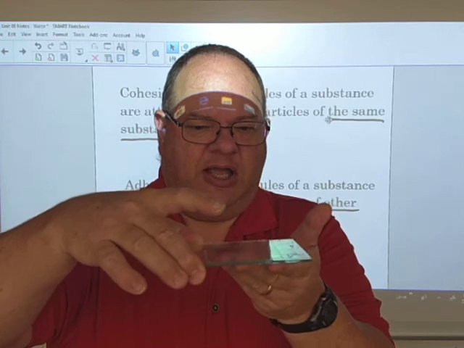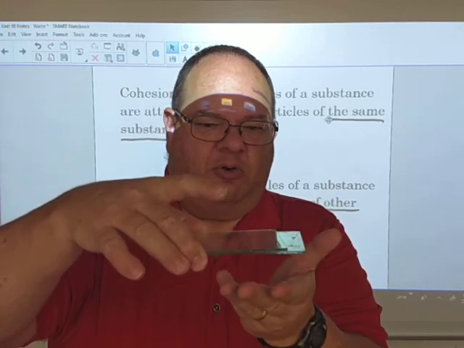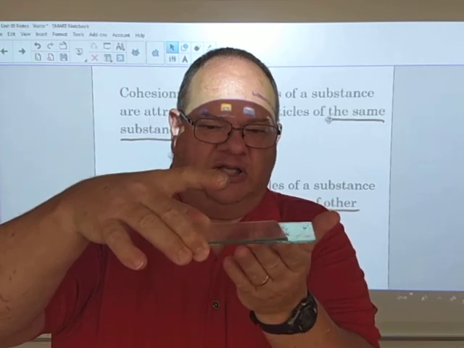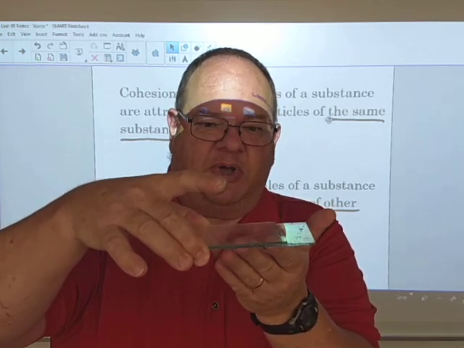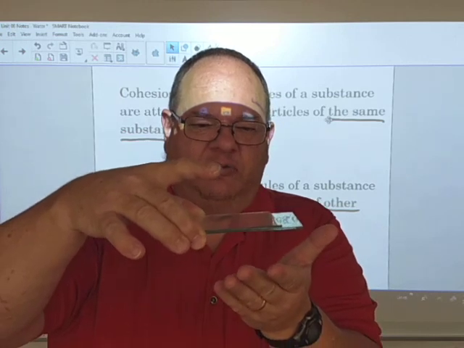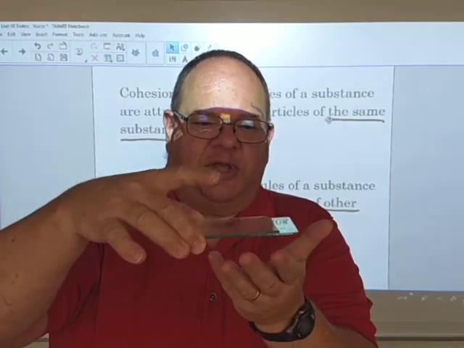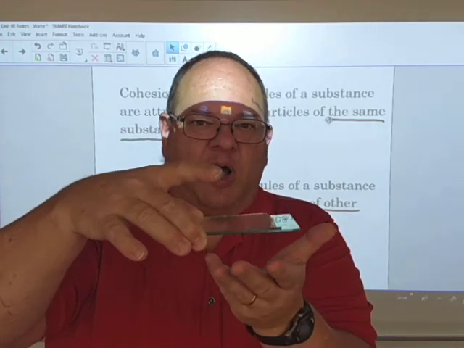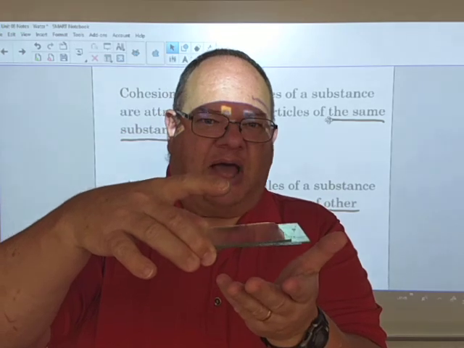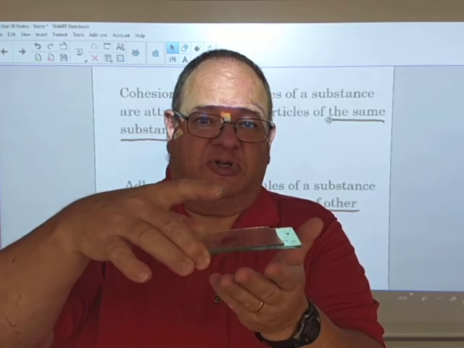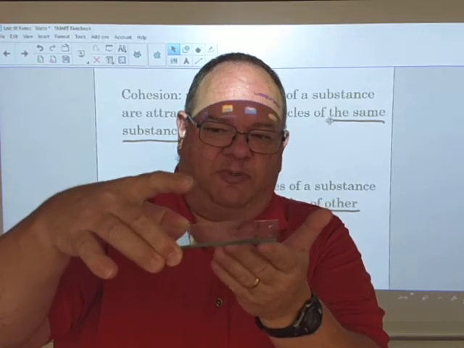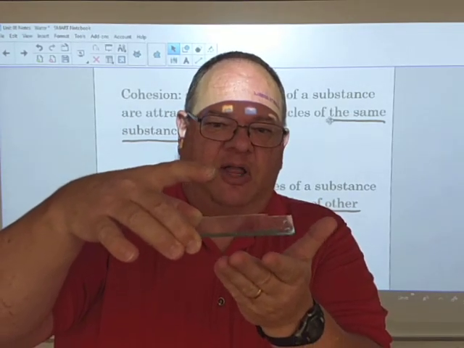I am gripping only the top glass plate. The bottom glass plate is very free. It moves very easily this way, but it sticks. The reason is because the plate on the bottom is attracted to the water molecules, which in turn are attracted to the plate on top. The glass plates don't stick to each other very well, but both glass plates stick to the water, and so that makes it possible for me to suspend one glass plate from the other.